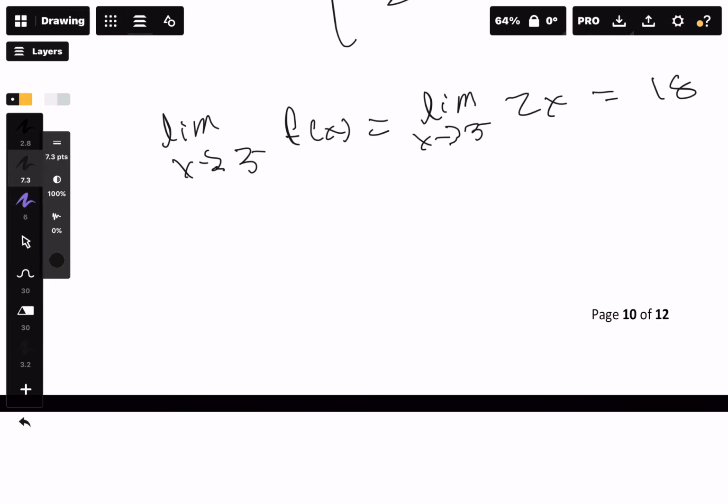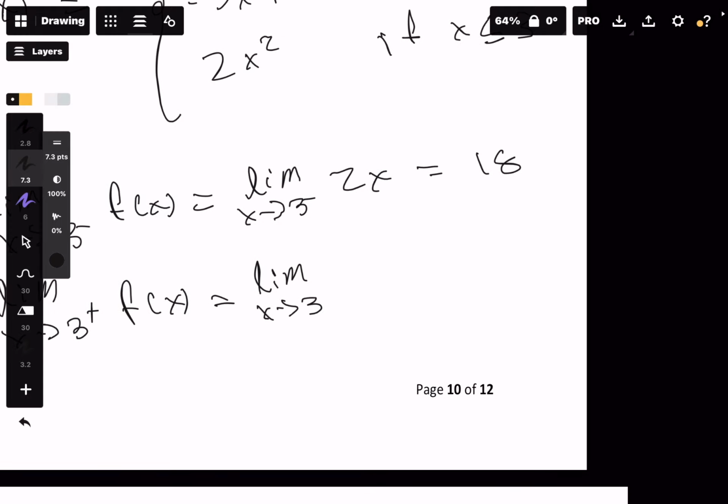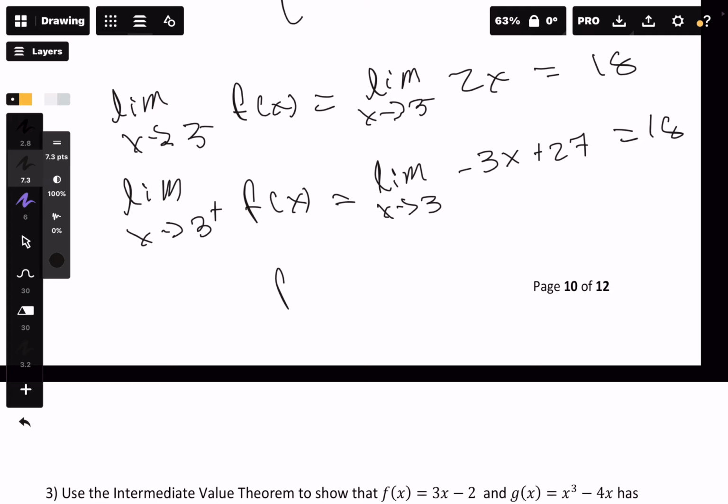And we can prove this again from the limit of x approaching 3 from the positive side of f of x, which equals the limit of x approaching 3 of negative 3x plus 27, which equals 18 as well. Therefore, they're both equal, because f of 3 equals 2 times 3 squared, which is 18.